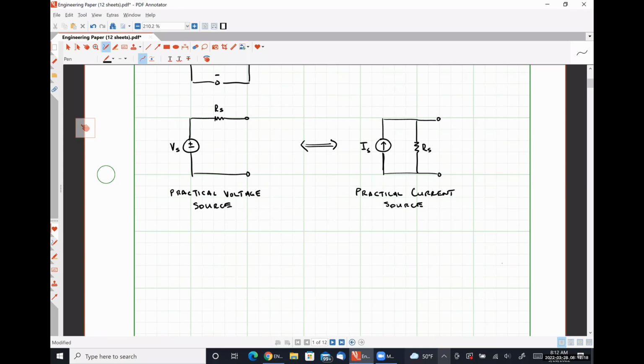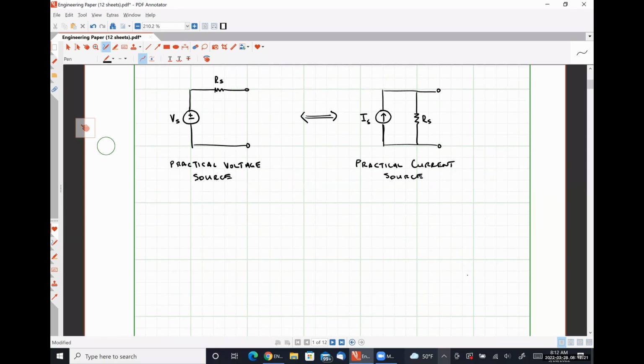If I have an ideal voltage source like so, and I connect my ideal voltage source to a resistor, this is my current that is being provided by my voltage source, right?